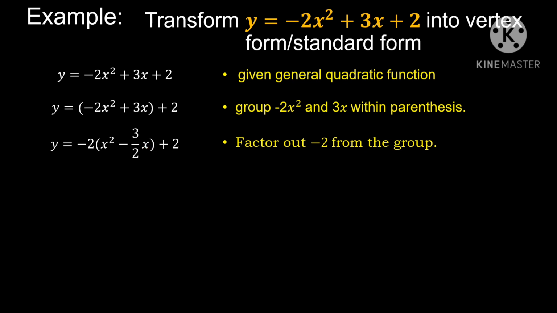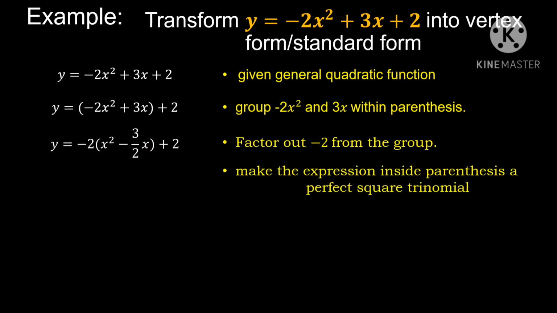Okay, so then next, we will make the expression inside the parentheses a perfect square trinomial. So, paano yan? So, we have now negative 2 times x squared minus 3 half of x plus 9 over 16 plus 2 plus 9 over 8.